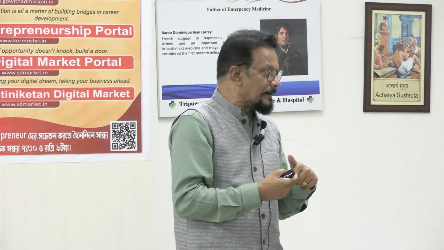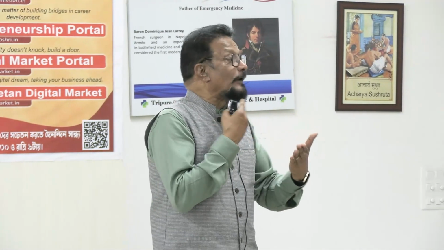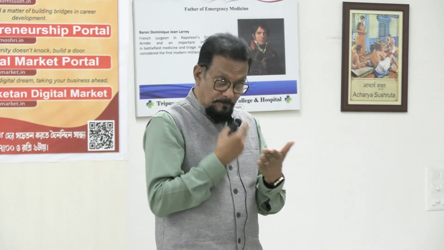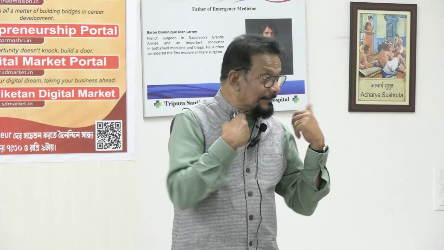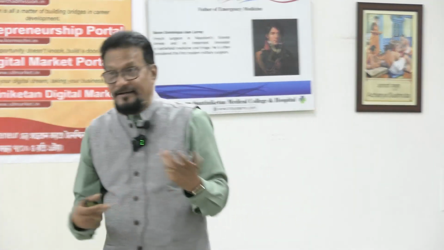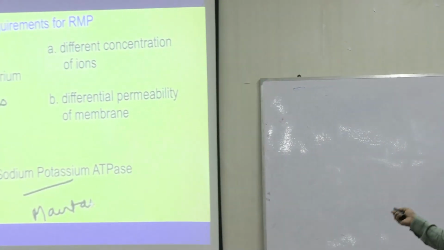How it has been derived by the mathematician is not required. You only have to mention what information it provides. So these are the uses and requirements I already told you.